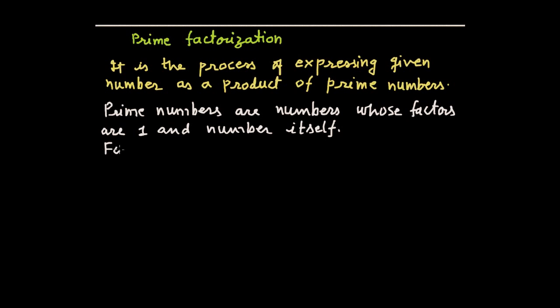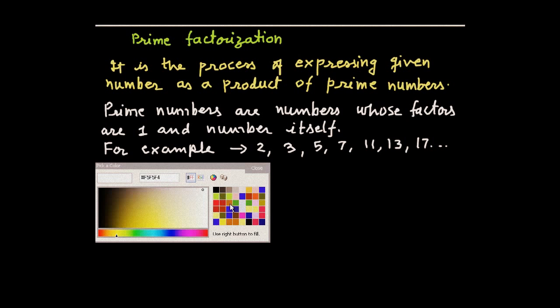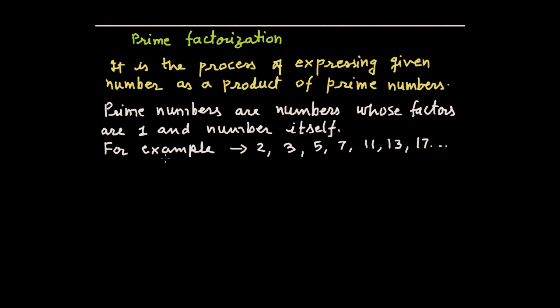For example, 2, 3, 5, 7, 11, 13, 17 and so on. Now there are two methods to find the prime factorization.